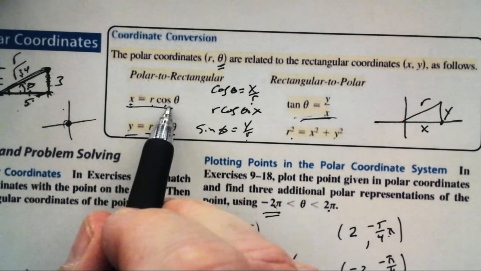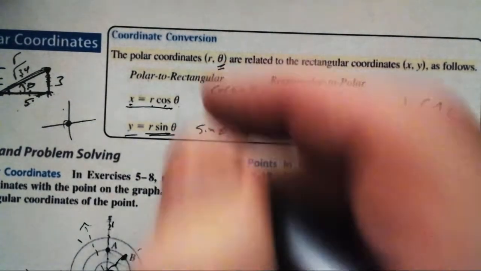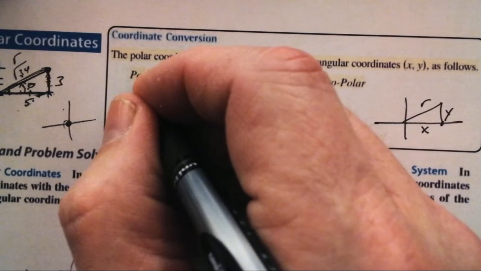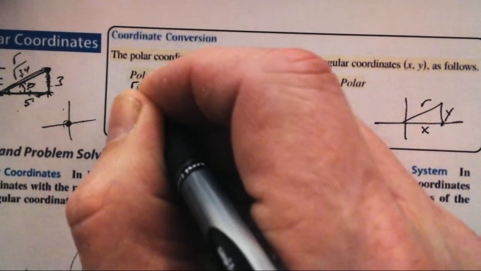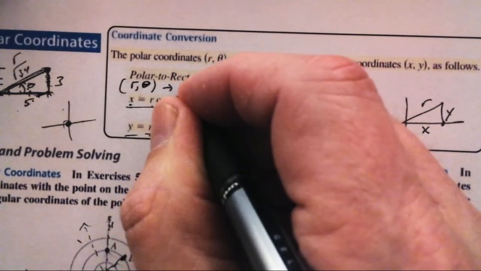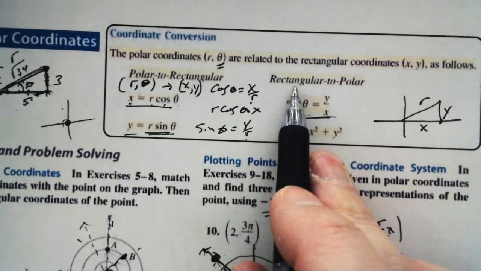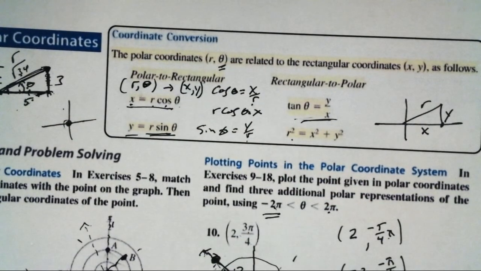Or if I've got an r times cosine in polar, I can turn that into x in rectangular. See, in polars we want things in r's and thetas, while in rectangulars we want things in x's and y's, and of course vice versa. So let's take a look and see how that applies.